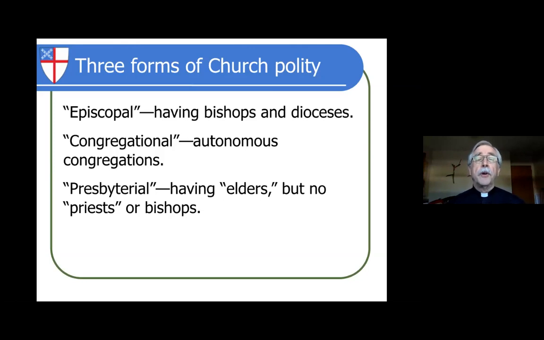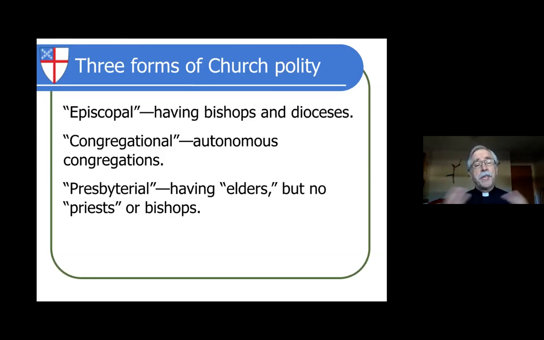There are congregational churches. The United Church of Christ would be an example, where the operating sort of organizing principle is the congregation itself. It sort of runs itself, it makes decisions about its life and its ministry.